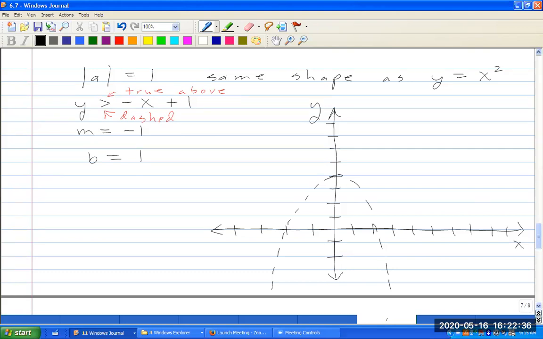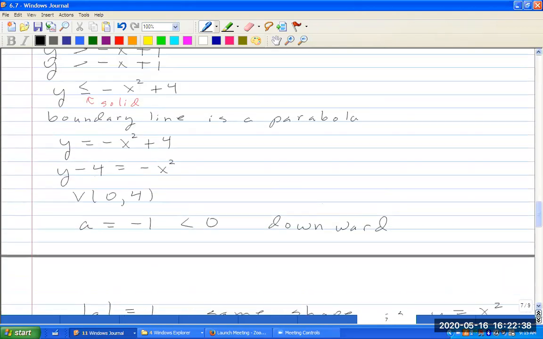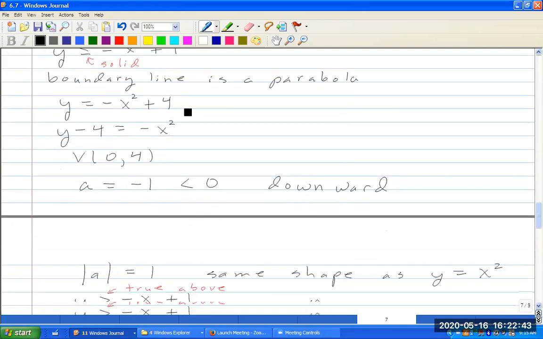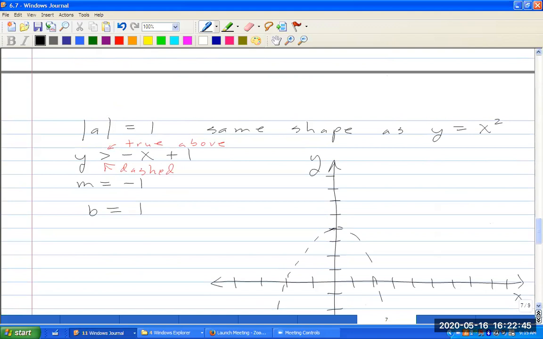Next, notice that, let me just check where this is true. And so if I want to check at the origin, I have that, is 0, y, less than or equal to negative 0 squared plus 4?